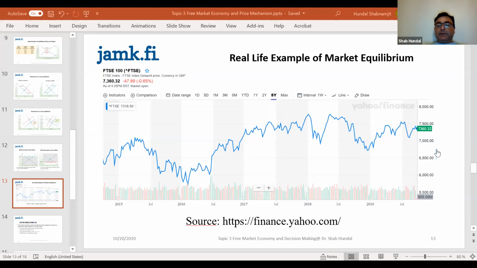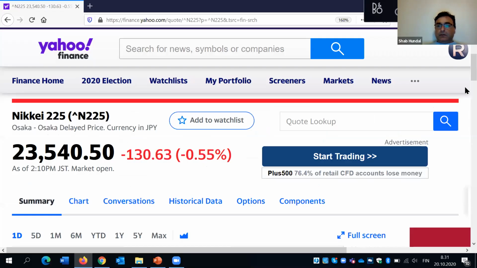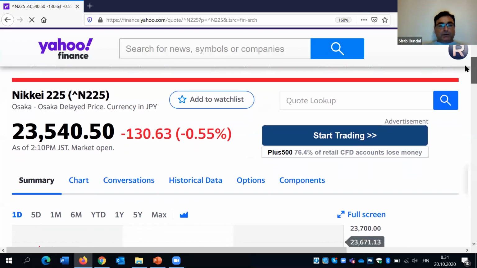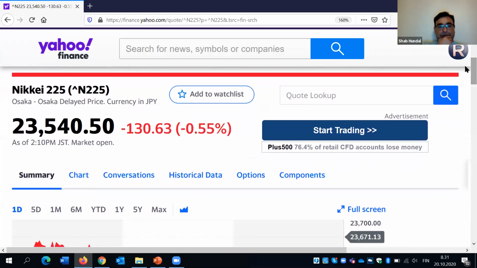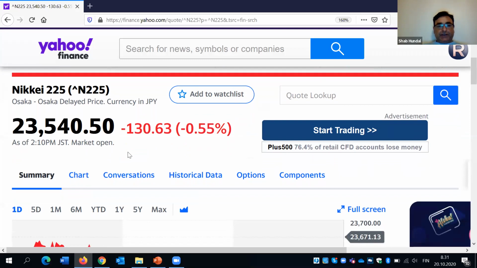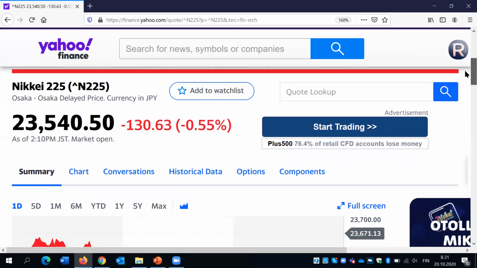Now I can share my screen with you because I wanted to open that market which is open. Can you see this? Nikkei 225? Yes. Yes.